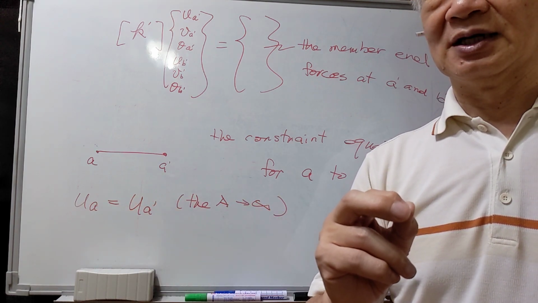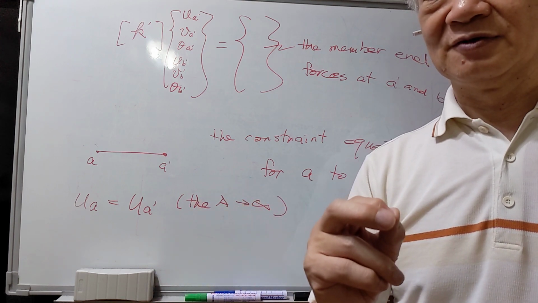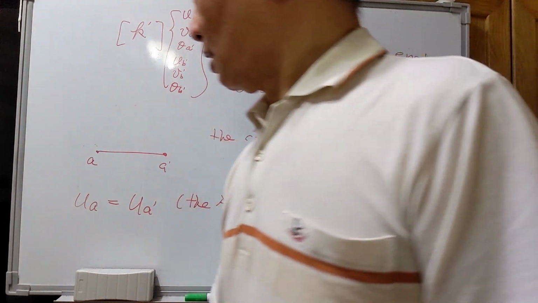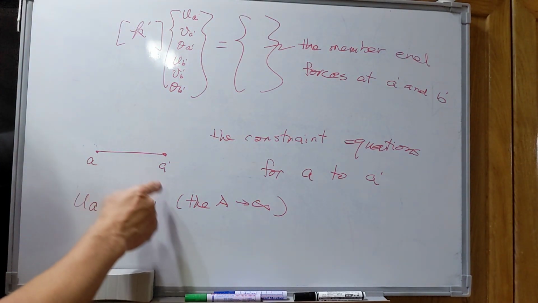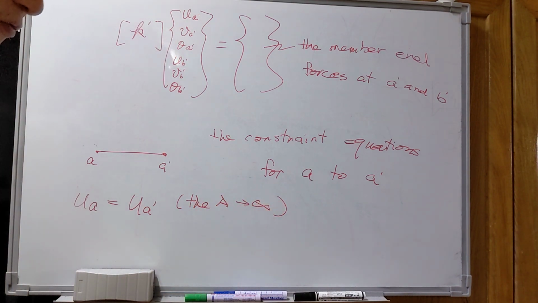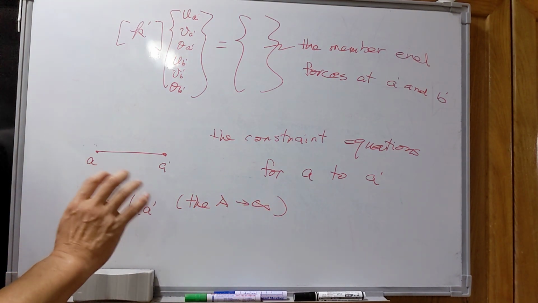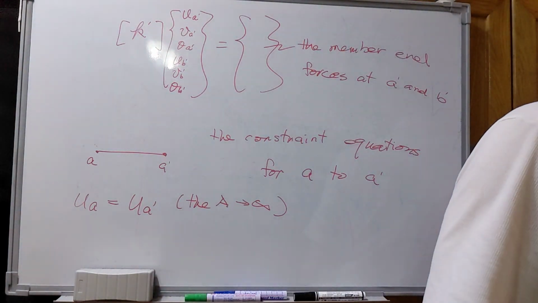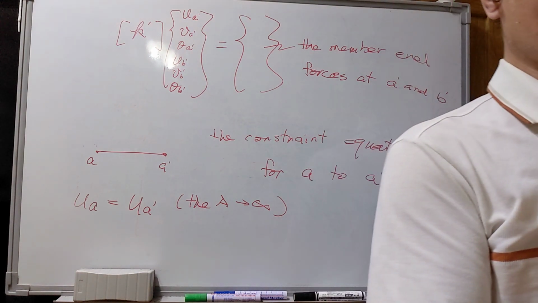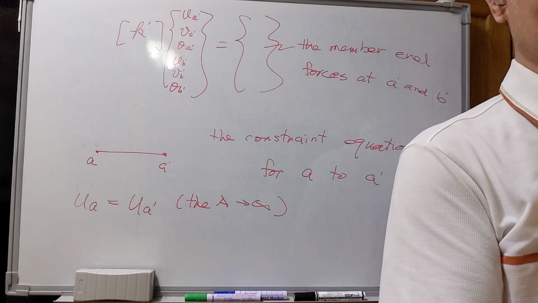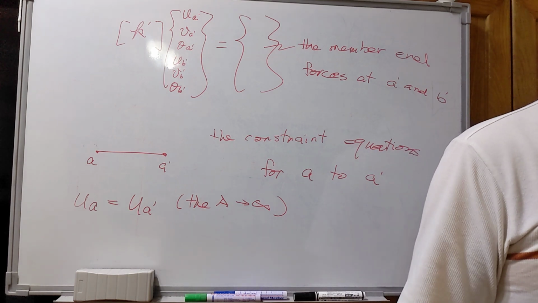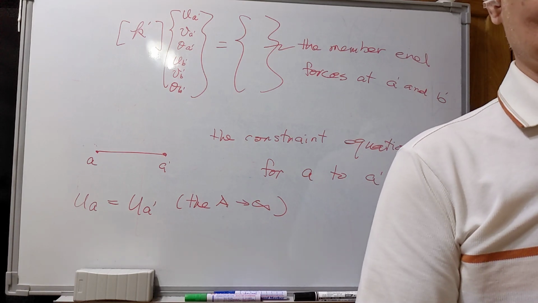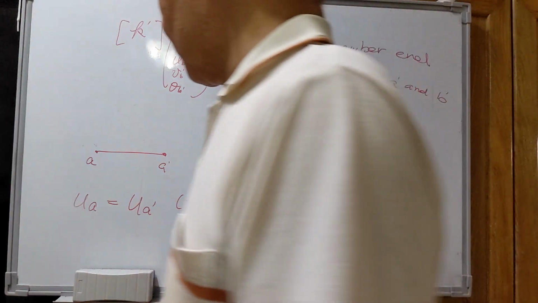They are the actual displacements for this element. Since we assume A approaches infinity, the actual deformations for this part can be neglected, so the actual displacements should be the same. So that's the first equation.